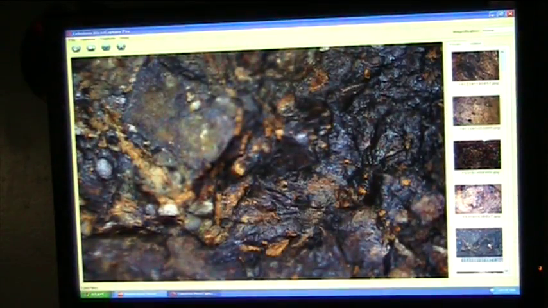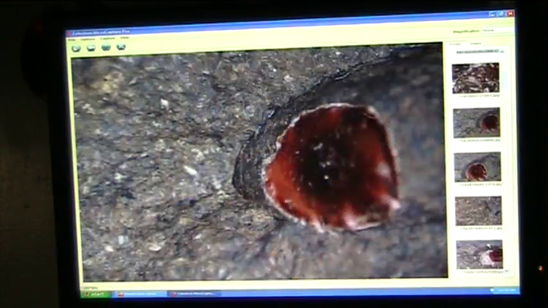But this black, the black can be ferrous. There's two ferrous oxides. I forget the numbers, but there's Fe2 and Fe3. One of them turns black and one of them turns red once they oxidize. And you can see we have two different oxidations there. So I believe that's what's going on there.